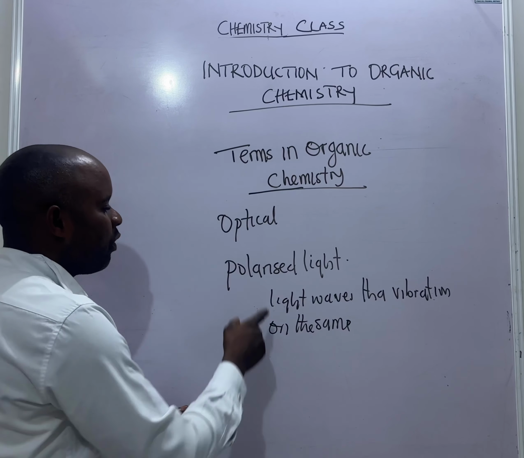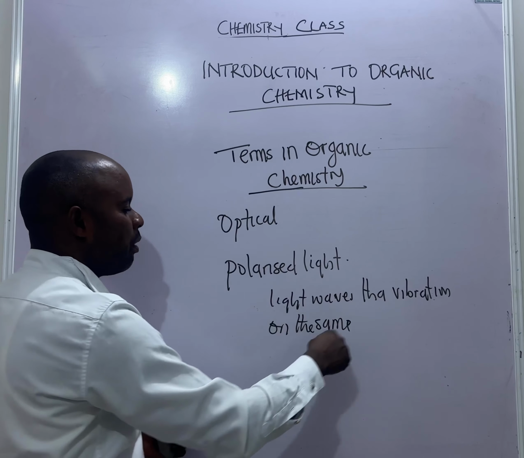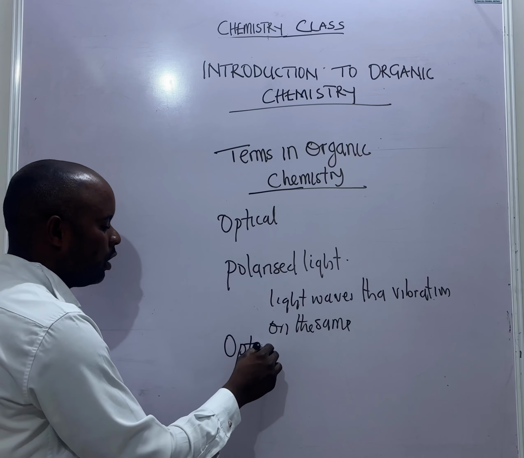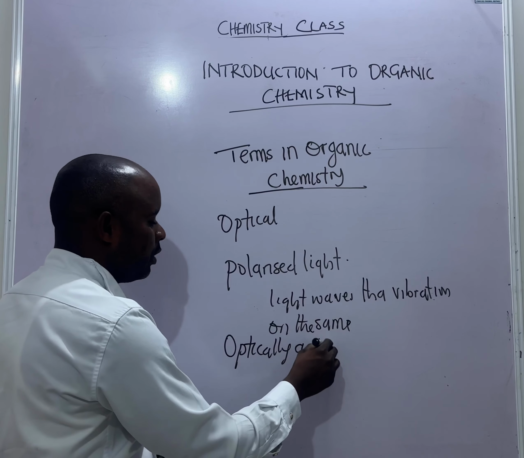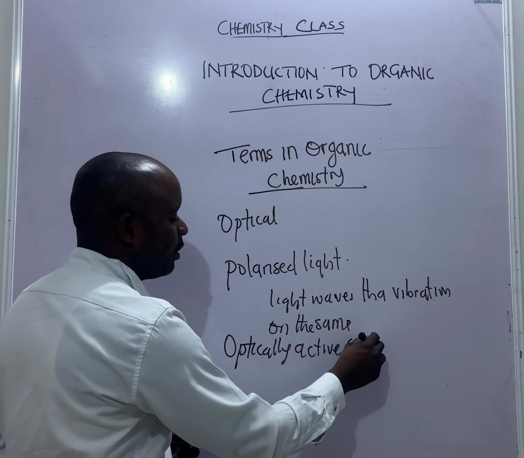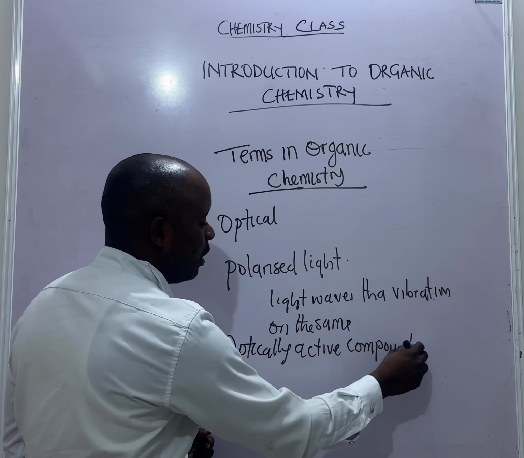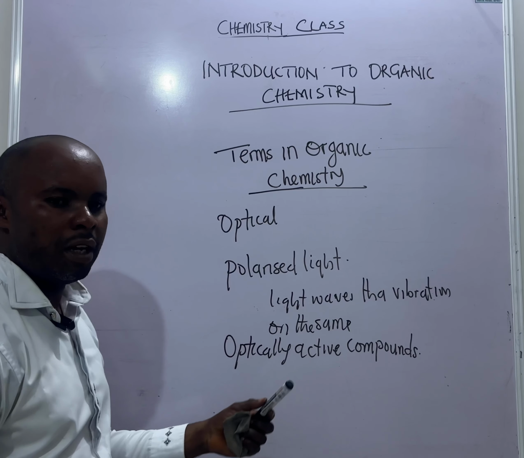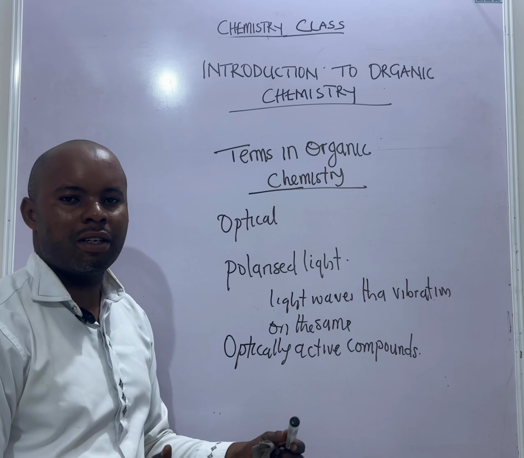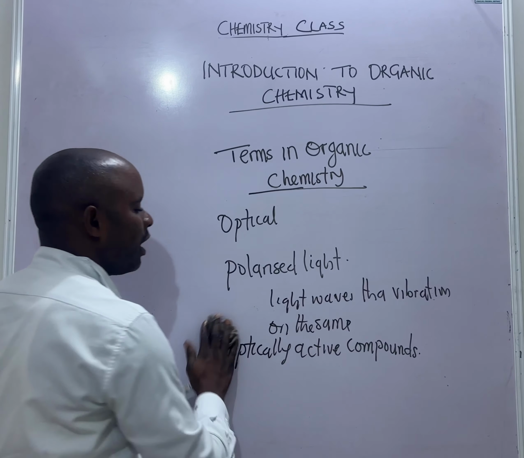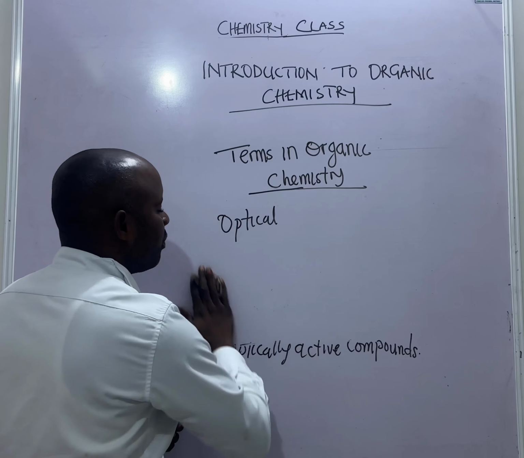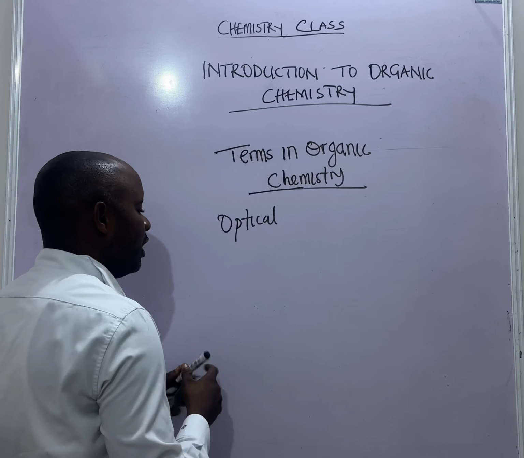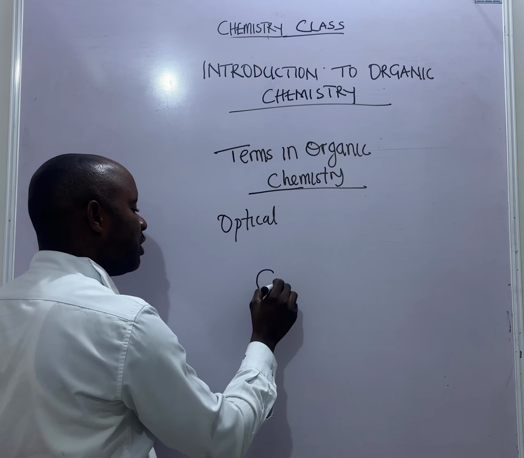So any compound that rotates this polarized light is known as optically active. For an organic compound to be optically active, it must be bonded to 4 different substituents. For instance, let's have a very good example. For a compound to undergo optical isomerism, the carbon must have 4 different substituents.